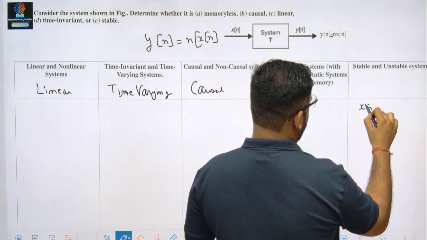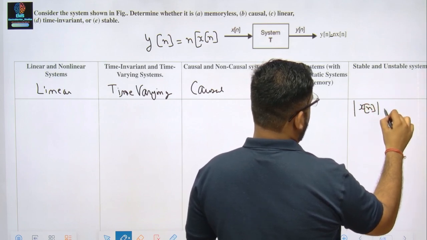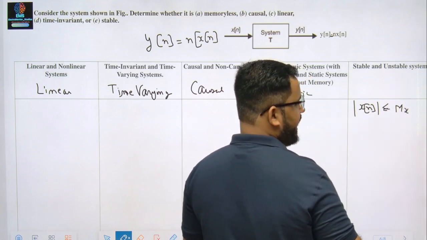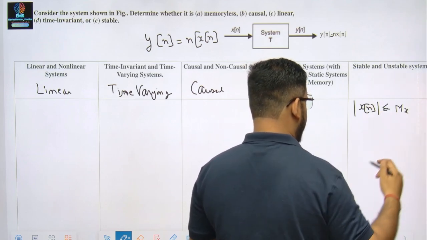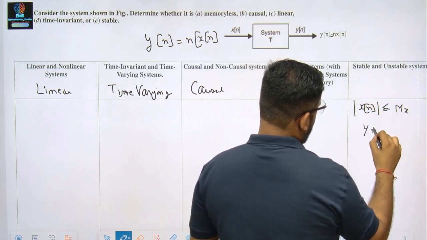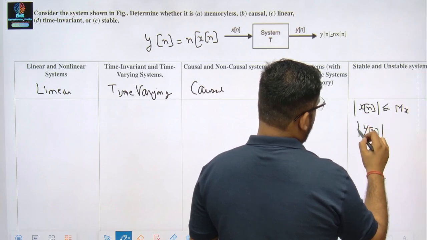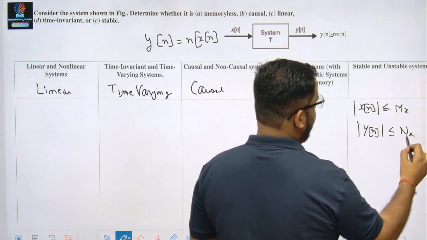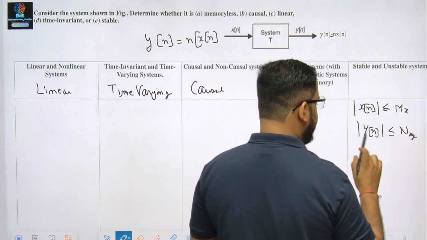Let us say x[n] has a bounded value Mx for all n. If y[n] will have a bounded output My, then the system is stable.